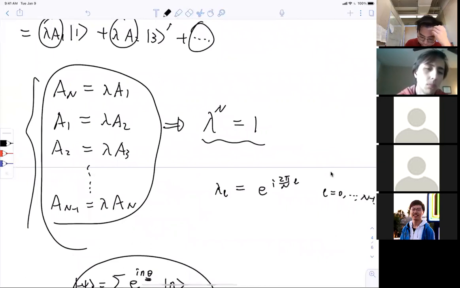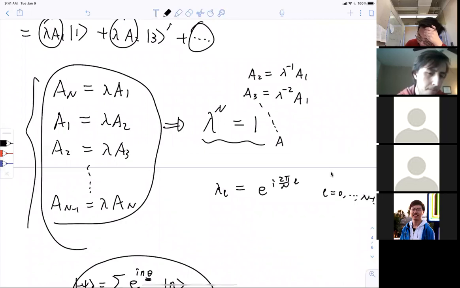Because from this, we also know A2 equal to lambda inverse times A1, A3 equal to lambda inverse to the minus 2 A1, and until AN, which is this guy to the minus n minus 1 A1.